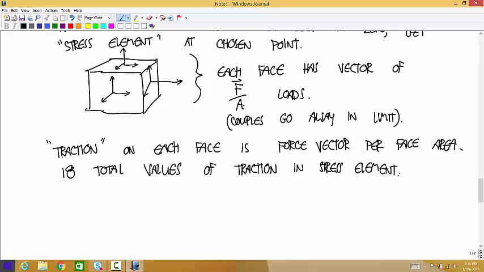This gets reduced, though, because we're going to assume that these things are in static equilibrium. And because of that, there are requirements on the relationships between these. For example, this component of traction that's pointing to the right has to be balanced by a component of traction on the opposite face pointing to the left.